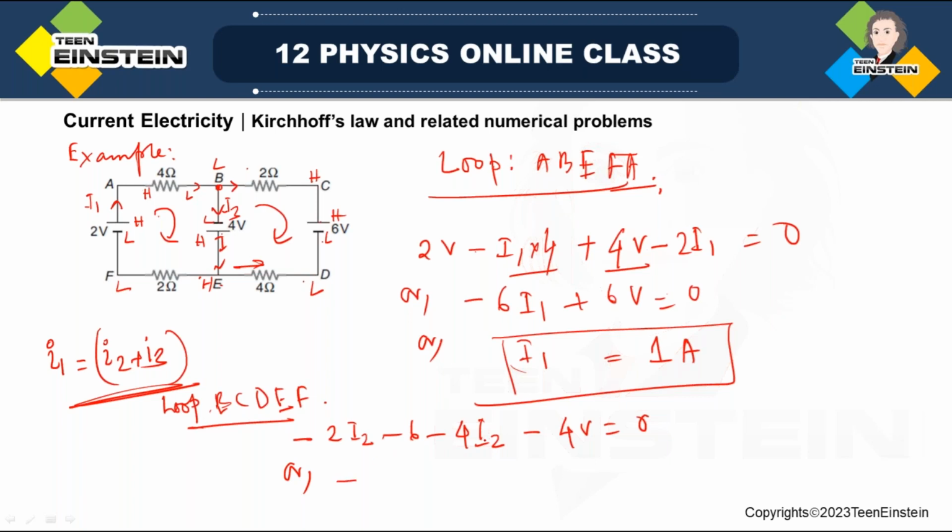So this is also 6I2, and this is actually 10 volt.